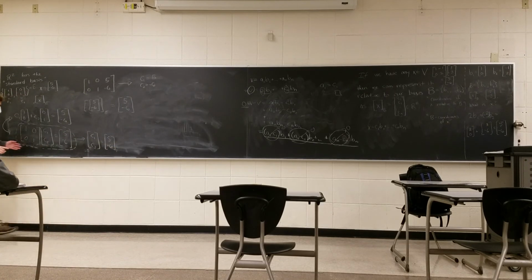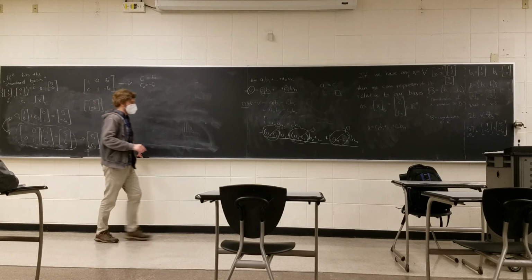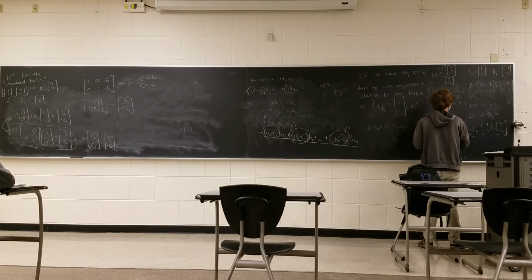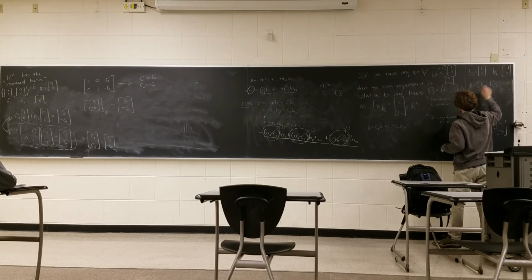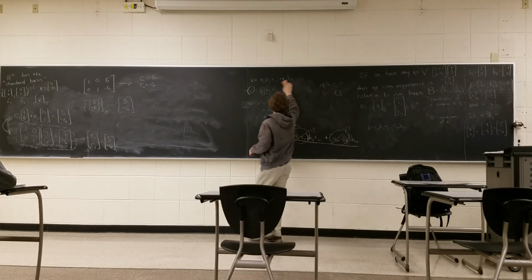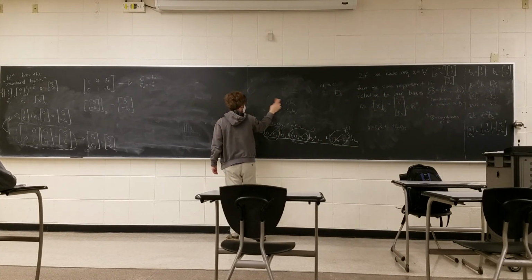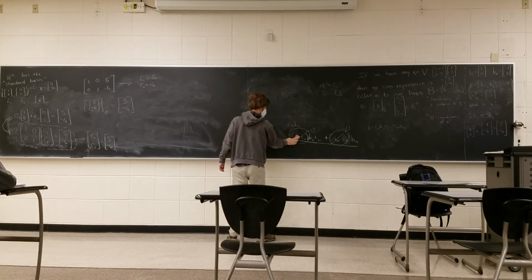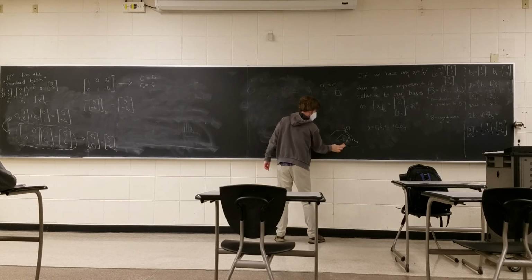So let's pretend that it wasn't something so simple. Actually, let's not pretend. Let's go back to this example. Well, we already have a matrix here that's not already row reduced. I need more room.